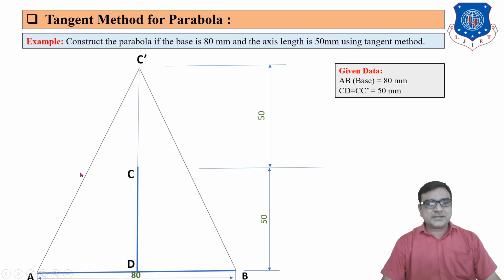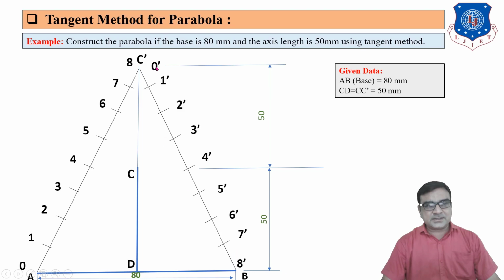Now divide this C dash A and C dash B into n number of equal parts. So I divide into 8 number of equal parts starting from 0 at the bottom, then 1, 2, 3, 4 up to 8. This line is also divided into 8 number of equal parts and give the numbering like this 0 dash, 1 dash, 2 dash up to 8 dash.